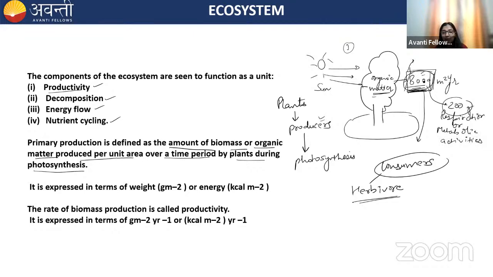So out of 800, 200 has been utilized by the plant for respiration and the metabolic activities. So now how much is left is 600. This 600, which is available to the consumer, is what we call net primary productivity.